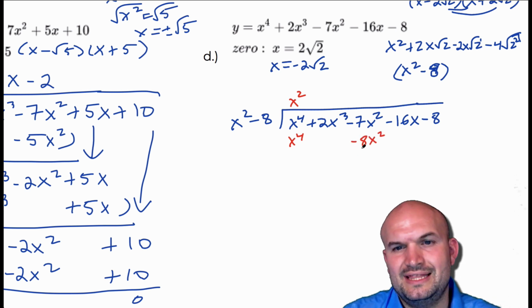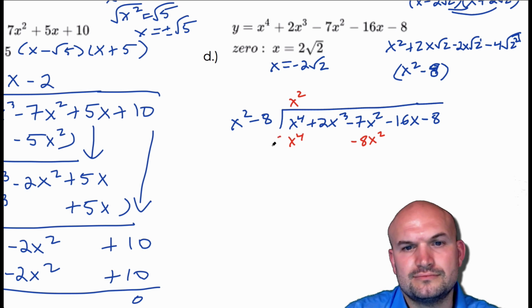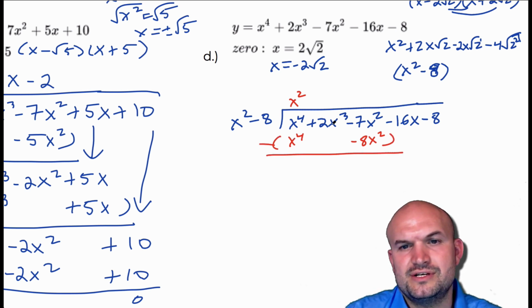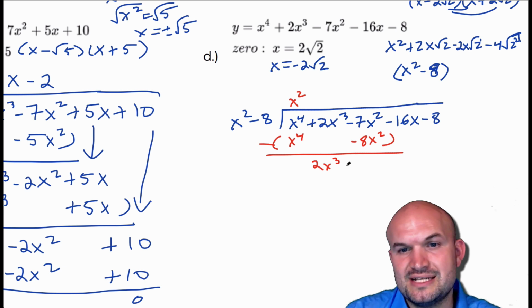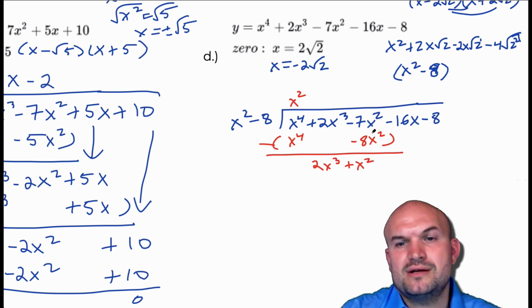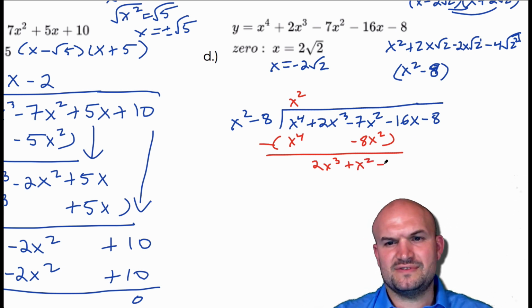Just make sure you align these. Subtract my rows. That goes to 0. I bring down the 2x cubed. Negative 7x squared minus a negative 8x squared becomes a positive x squared. Then let's bring down the negative 16x.